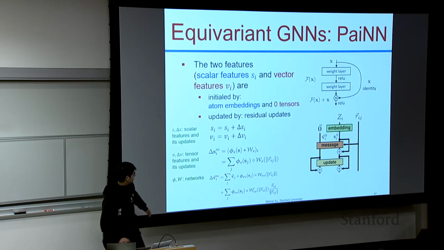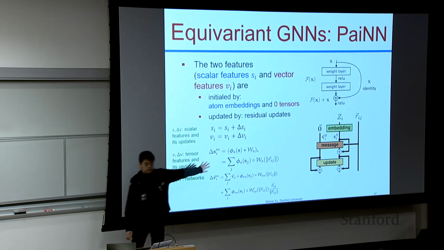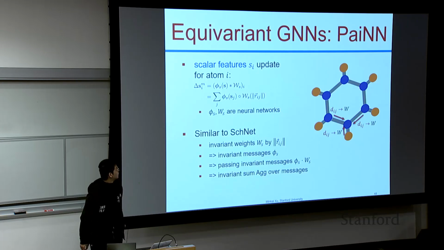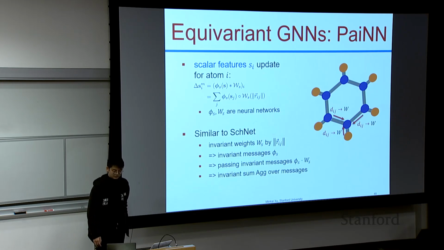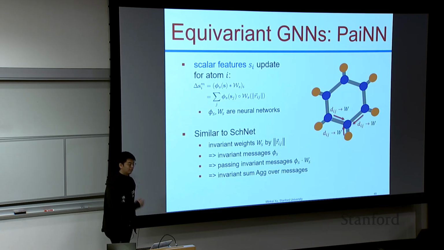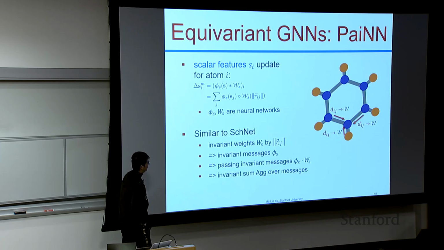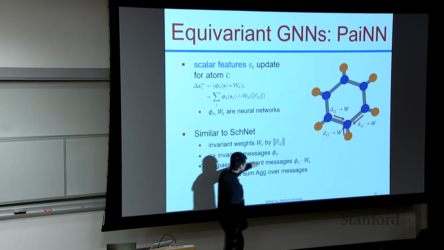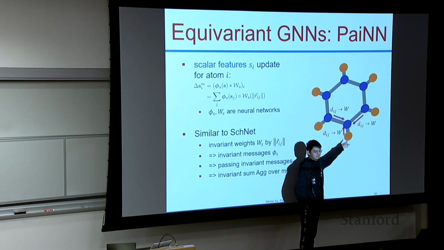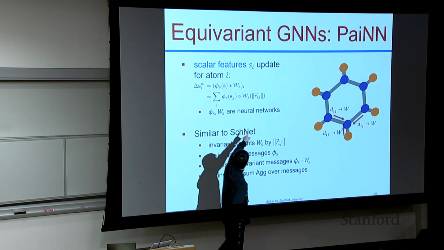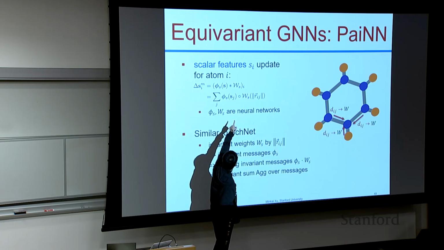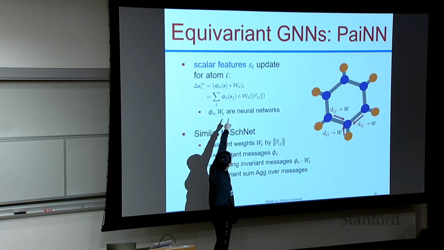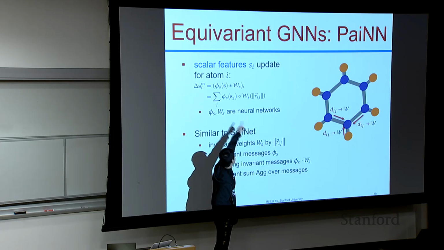First, let's see how we update the scalar node embedding. It is exactly the same as SchNet, the invariant neural network. So let me still introduce this slide. Distance is input to a matrix as a filter, and phi-s learns some feature of the neighborhood node.